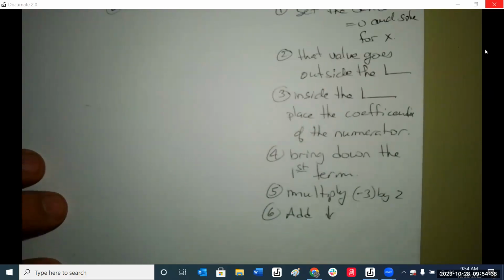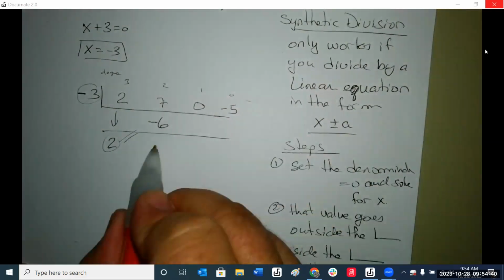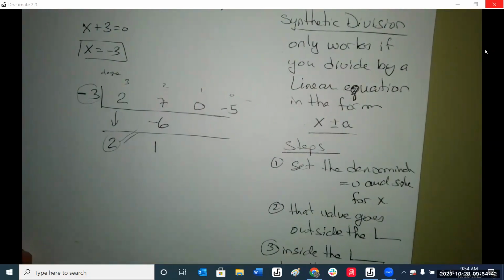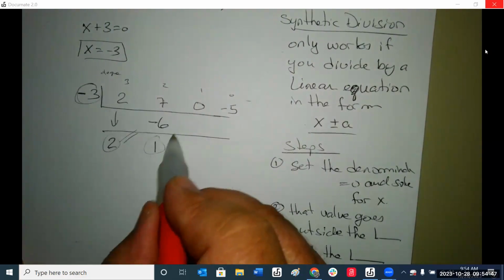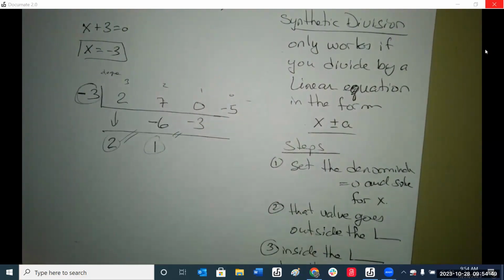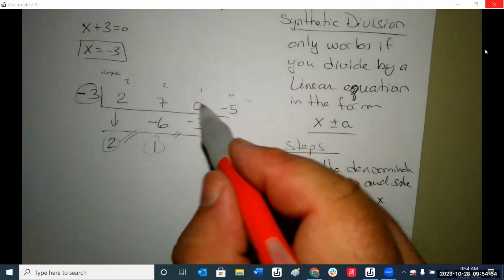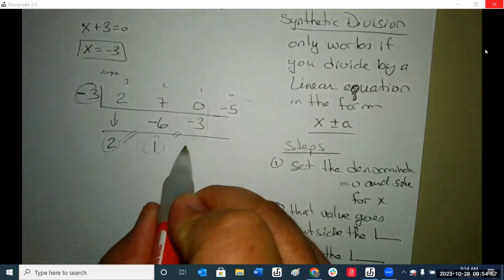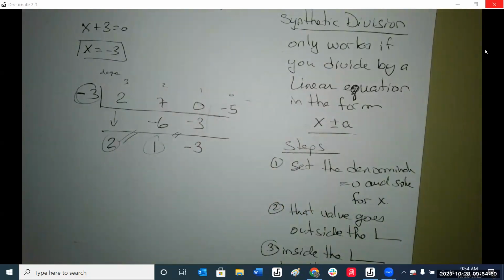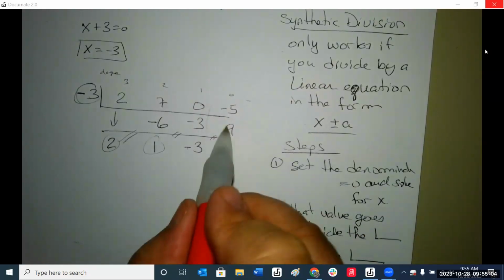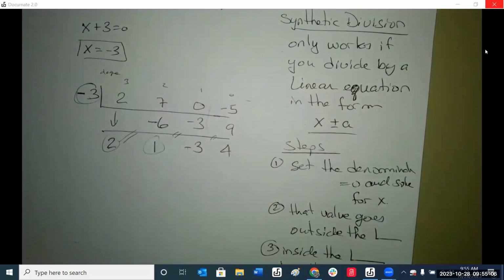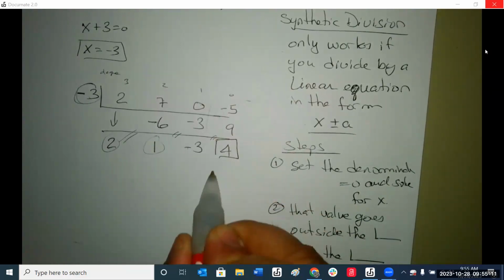Then add straight down. 7 minus 6 is 1. Repeat the process. Negative 3 times 1 is negative 3. Add straight down. 0 plus negative 3 is negative 3. Negative 3 times negative 3 is positive 9. 9 minus 5 is 4. This is your remainder.